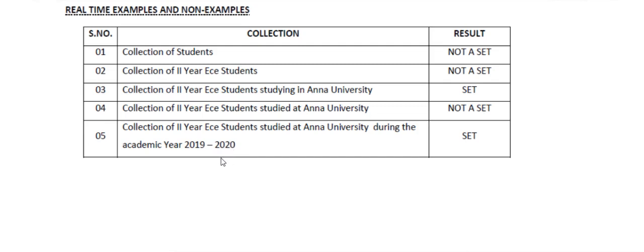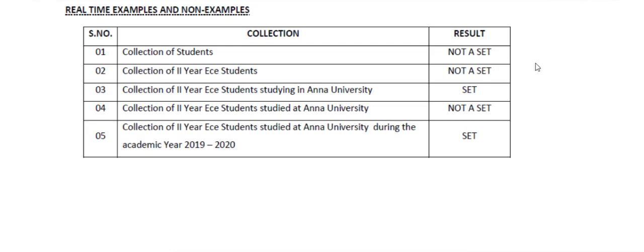For example, in the previous academic year. Now the current academic year is 2020 to 2021. In the previous academic year, the students who studied in Anna University, who were second year ECE students, we can collect easily. Around 500 colleges will be there. You can collect it easily.